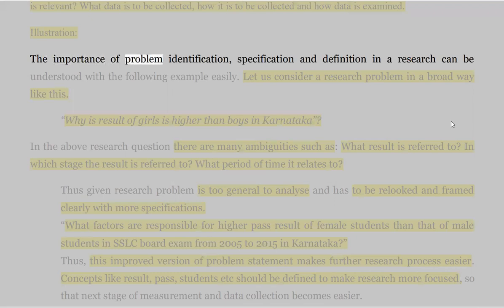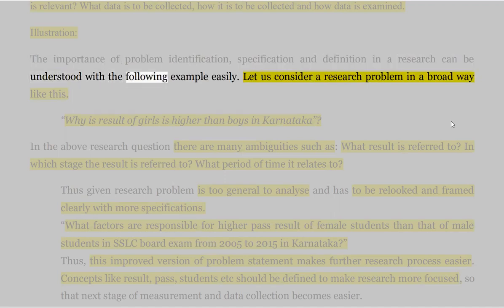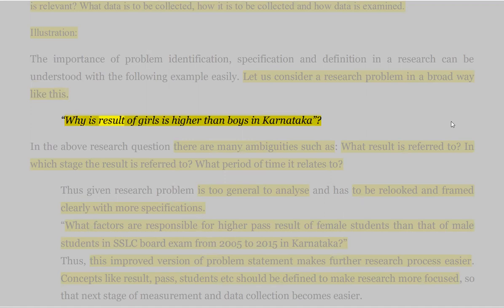The importance of problem identification, specification, and definition in research can be understood easily with the following example. Let us consider a research problem in a broad way like this: Why is the result of girls higher than boys in Karnataka?